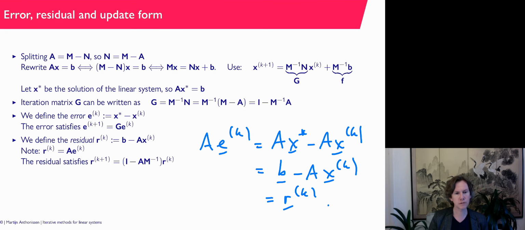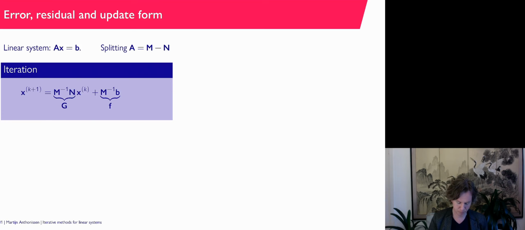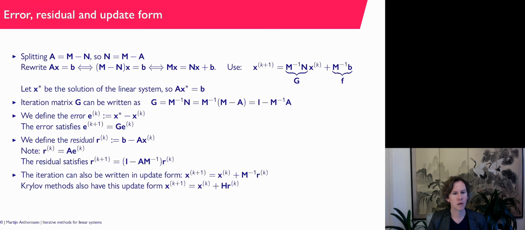You can show that the iteration can also be formulated in terms of the r vector here. Now, what you can finally do is write the iteration in this way here, M inverse times rk.